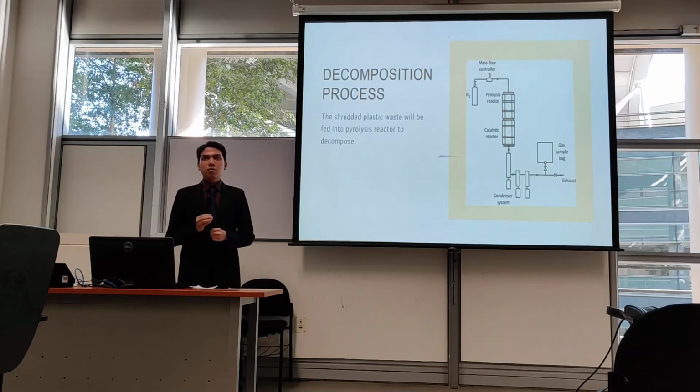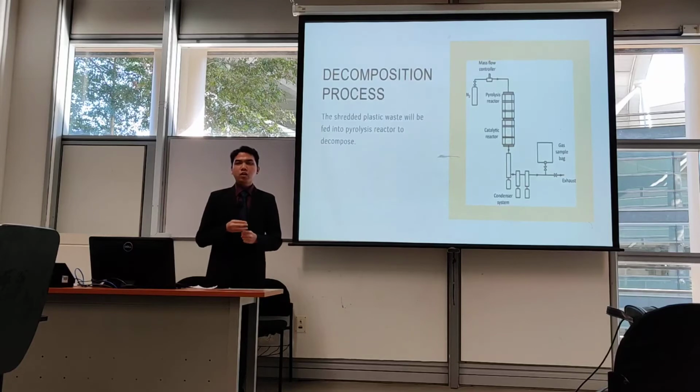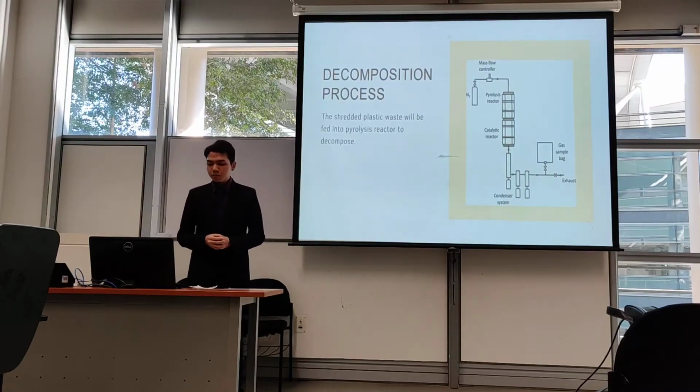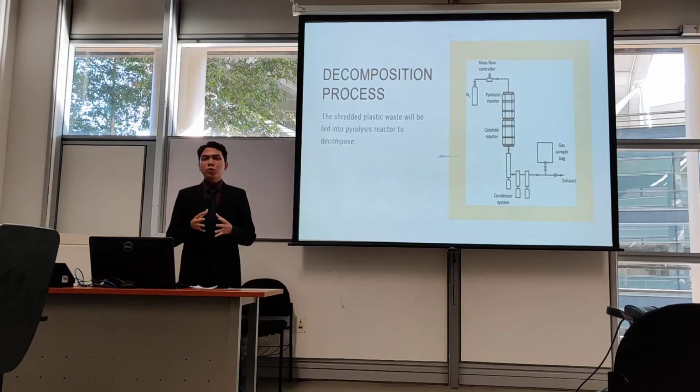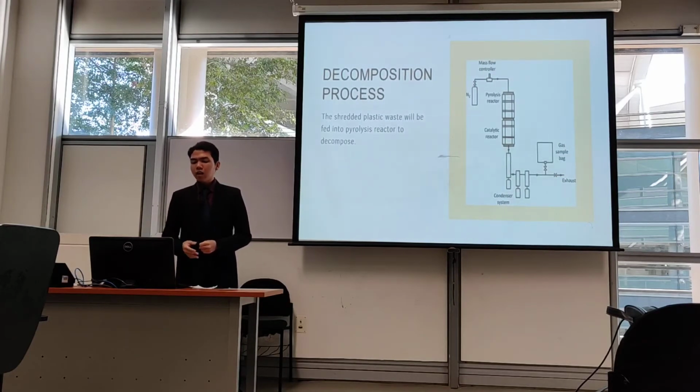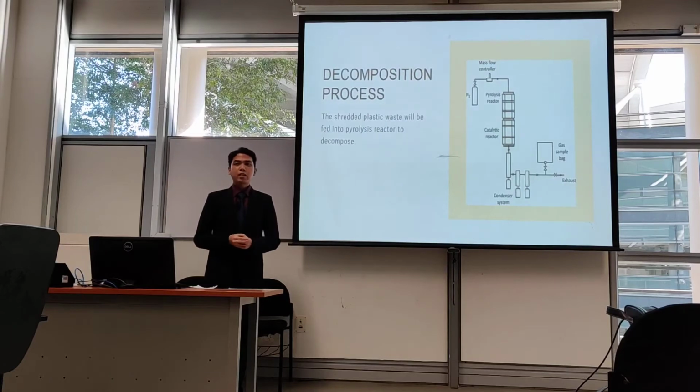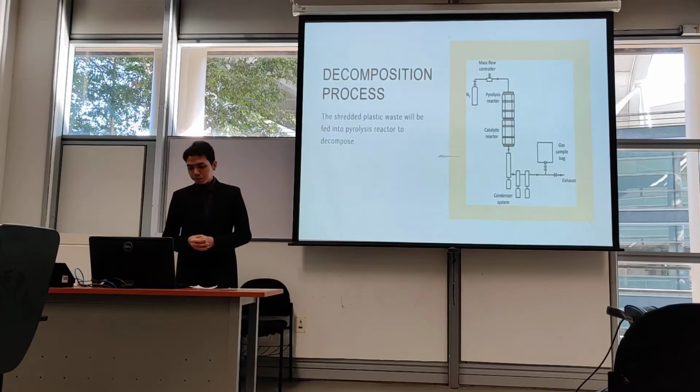The amount of heat that needs to be supplied is around 300 degrees Celsius to 950 degrees Celsius. When doing this decomposition process, the pyrolyzer needs to be in the absence of oxygen, because if there is oxygen in the pyrolyzer, the polymer will be oxidized. We don't want the polymer to be oxidized.